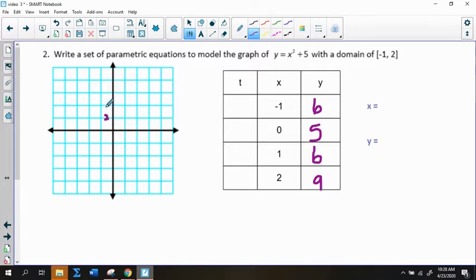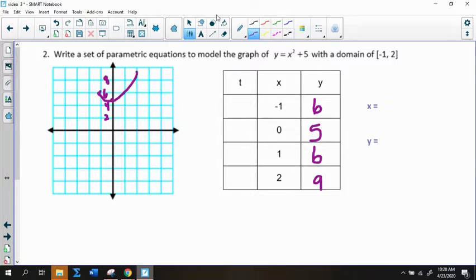So 2, 4, 6, 8. Okay, so -1 is at 6, 0 is at 5, 1 is back at 6, and 2 is at 9. You guys know how to graph. So here is my partial parabola.